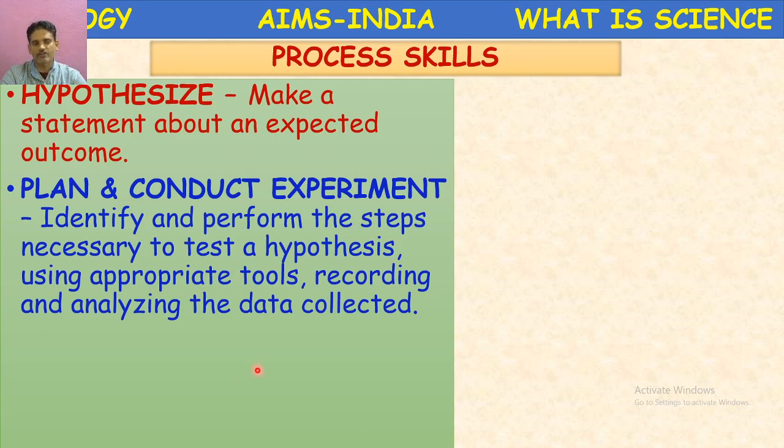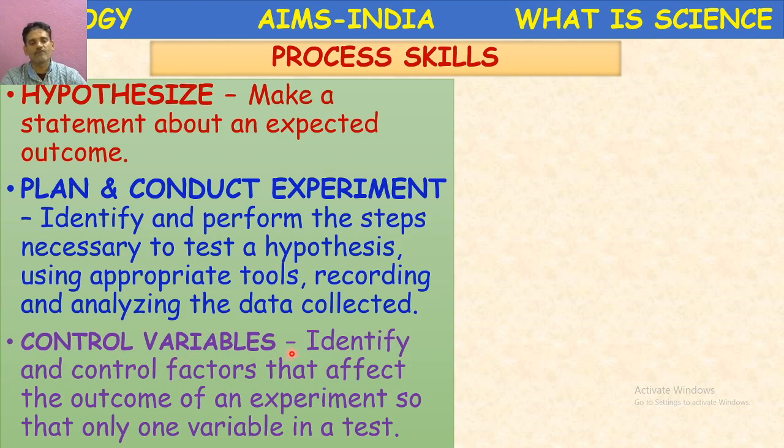Then to test that hypothesis, what is required? In planning, you have to segregate the tools. You have to arrange equipment, tools, and a recording facility, and to analyze the data which is collected, for that also, what is required? Everything. That is called plan and conduct experiment. In order to conduct an experiment, you must be pre-planned.